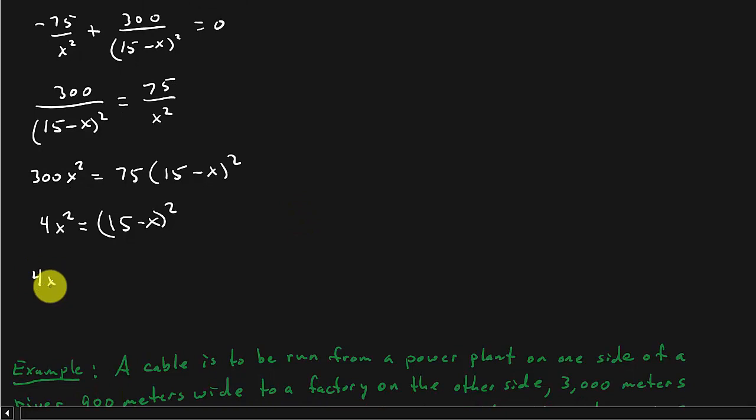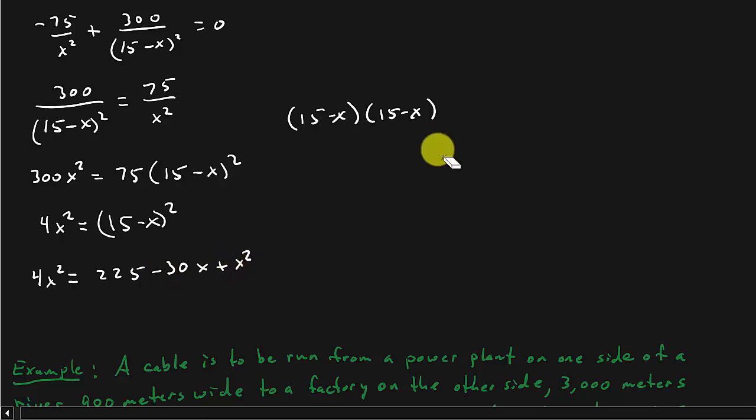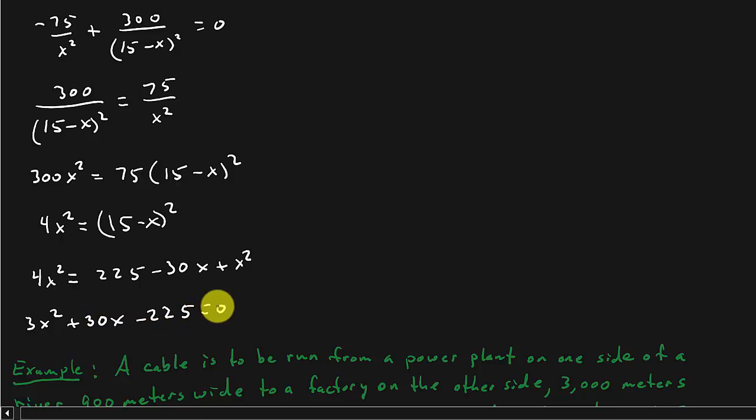And so that's going to give me 4x squared equals, and if I multiply that out, remember that is (15 minus x) times (15 minus x), and I do the full method. So that's 225 minus 30x plus x squared, which is going to give me 3x squared plus 30x minus 225 equals 0.